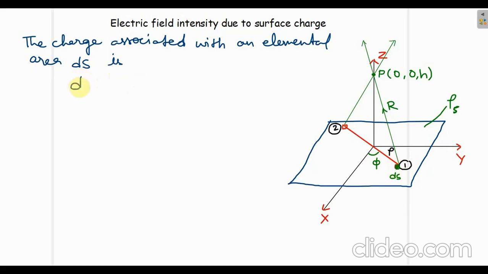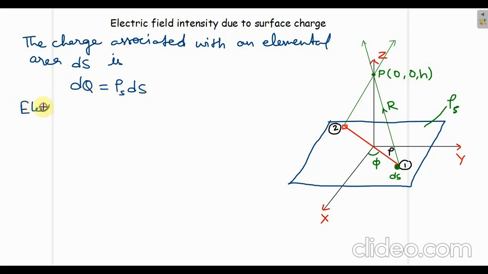Let dq be the charge, and we write dq equals rho s ds. So this will be the elemental charge.